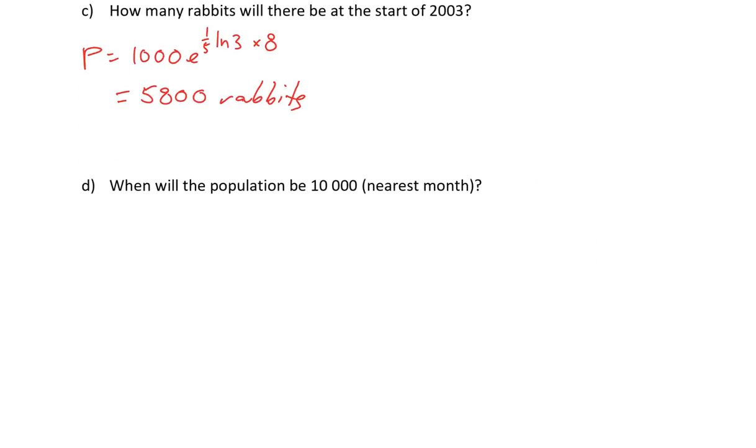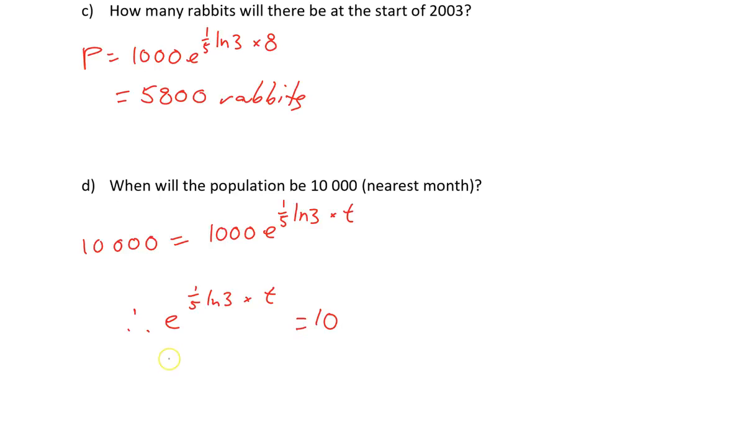Now, when will the population be 10,000? Okay, well, 10,000 equals 1000 times e to the 1/5 log 3 times t. Now this means that e to the 1/5 log 3 times t equals 10,000 over 1000, which equals 10.